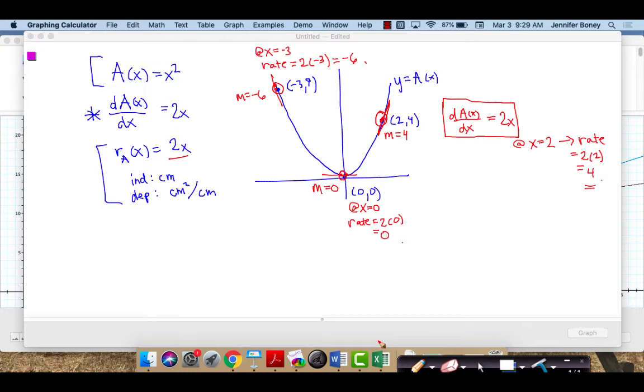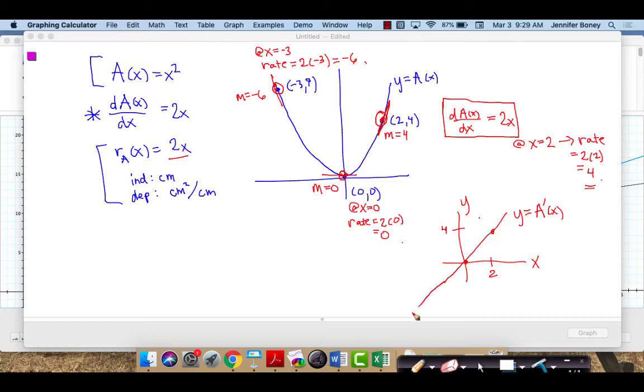So we can also talk about the patterns of these rates of change. If I think about this, it's a linear function, right? If I were graphing x and y, if I graph y equals 2x, I want to use my other notation, a prime of x. At 0, it's got a value of 0. At 2, it's got a value of 4.